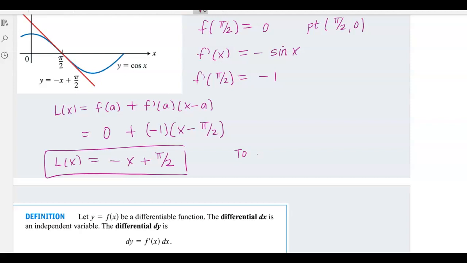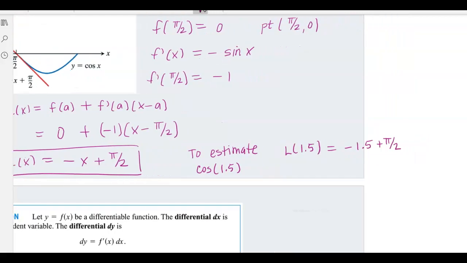To estimate cosine of 1.5, we're going to look at L of 1.5. We're just going to take 1.5 and plug it into this equation that we came up with. So we'll have negative 1.5 plus pi over 2.